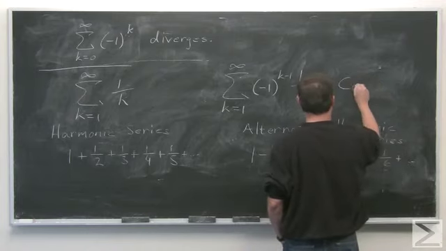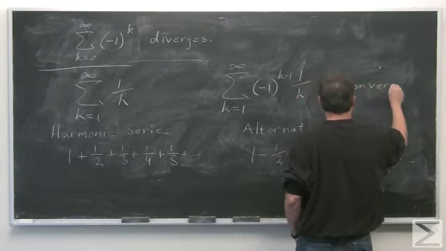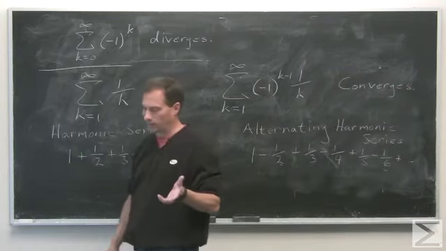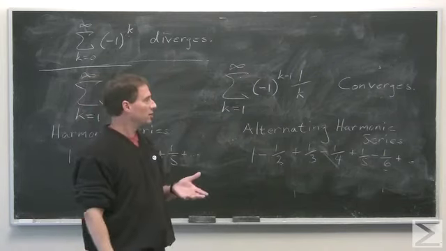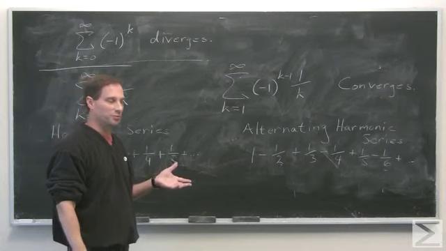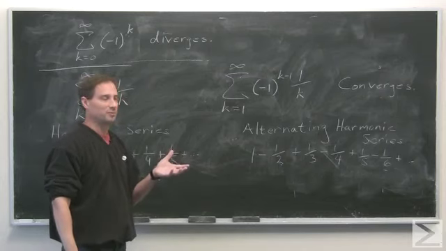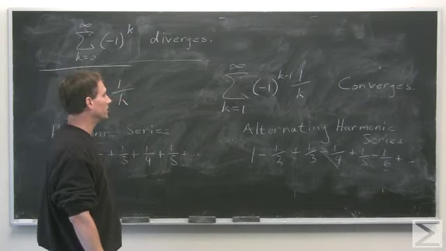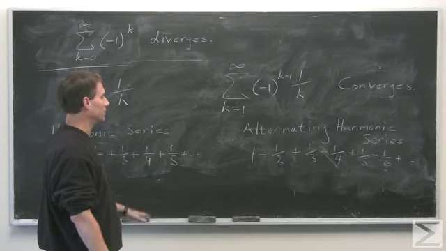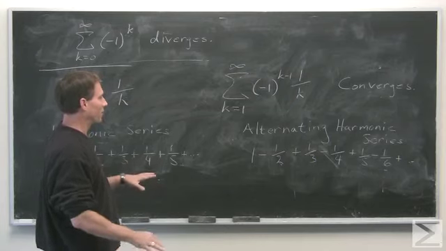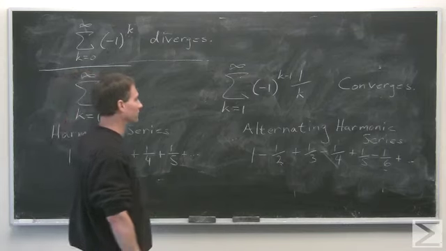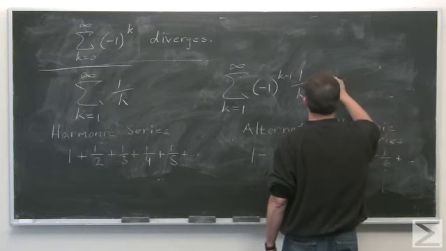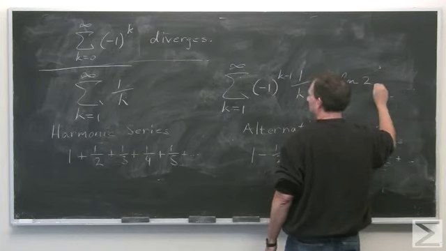We've talked about both of these before. This one converges. We proved this. We proved this by looking at the Maclaurin series for the natural log of 1 plus x and proving that the remainder term went to 0 even when x was 1, so that the Maclaurin series equaled the natural log of 1 plus x at 1. So in fact, we know this converges, and what it converges to is the natural log of 2.